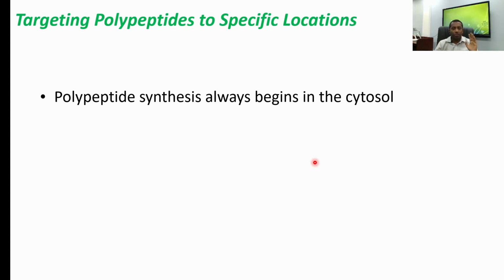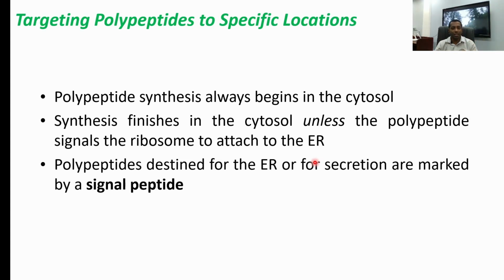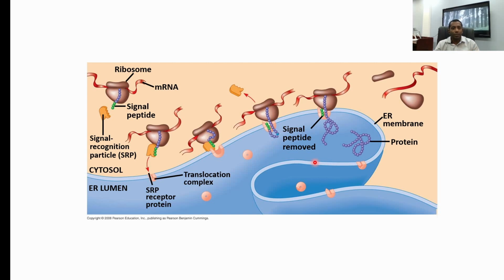Polypeptide synthesis always begins in the cytosol, and synthesis finishes in the cytosol unless the polypeptide signals the ribosome to attach to the ER. Polypeptides destined for the ER or for secretion are marked by a signal peptide.